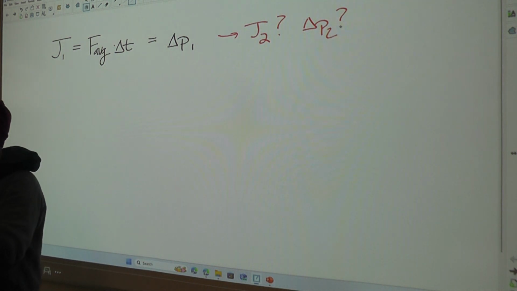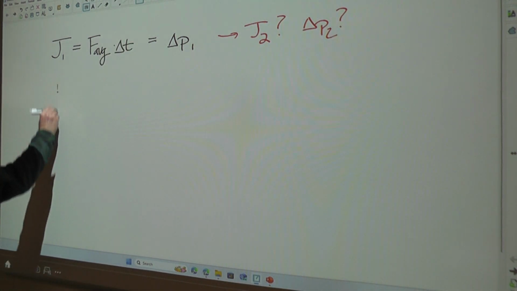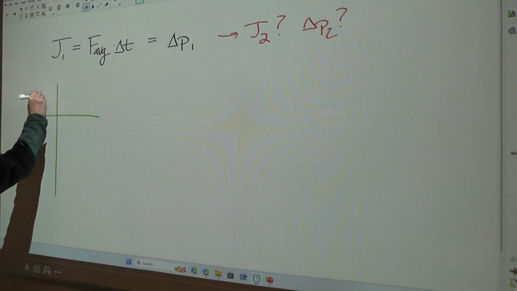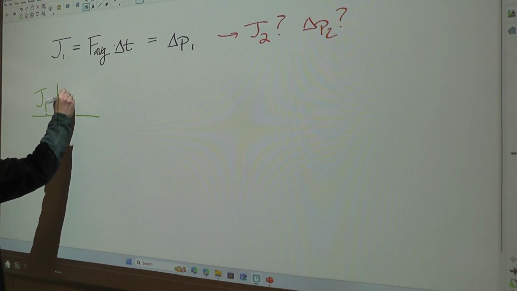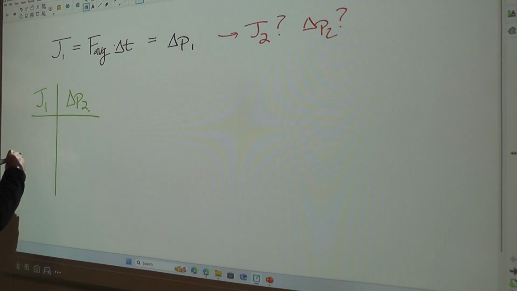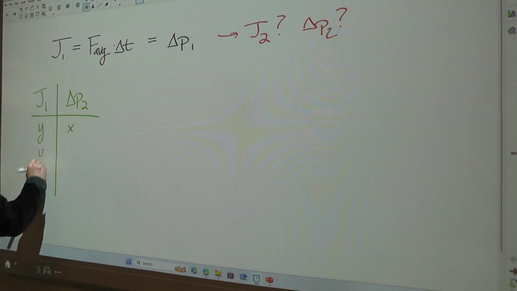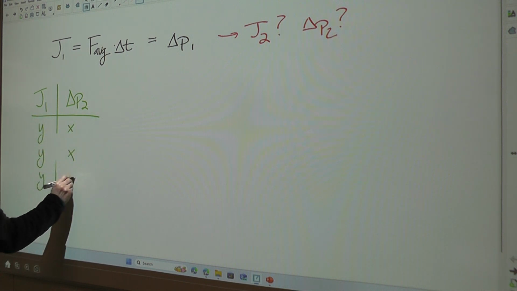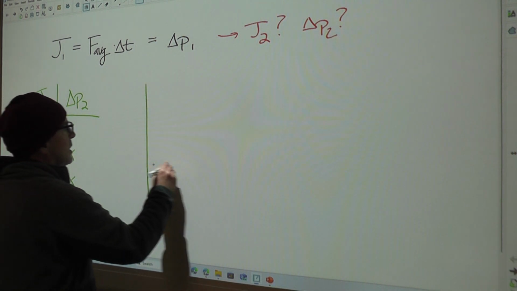So what I suggested is, if we have two carts and we collect some data, we can look at the impulse acting on one of those carts, and we can look at the change in momentum of the other one, and we'll get some values we could potentially graph.